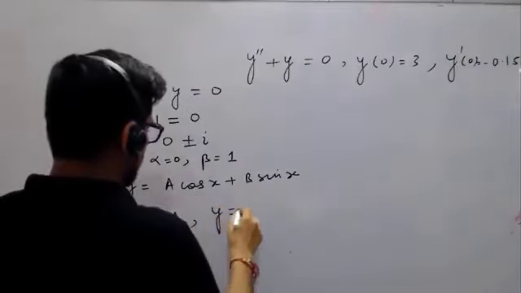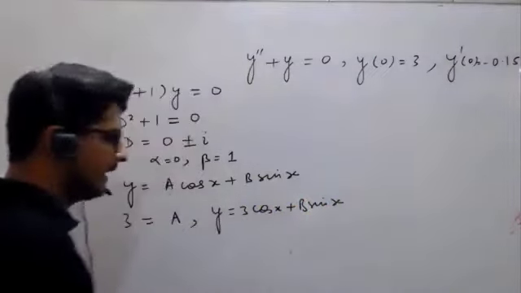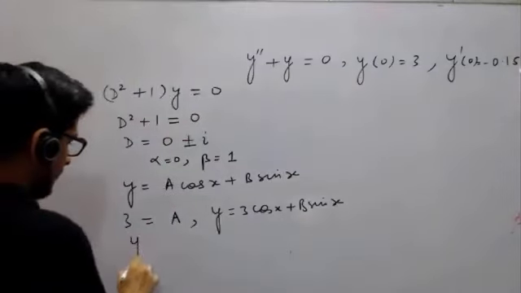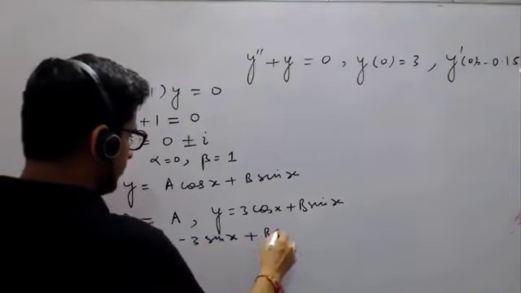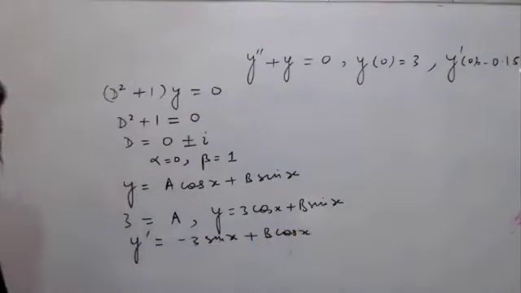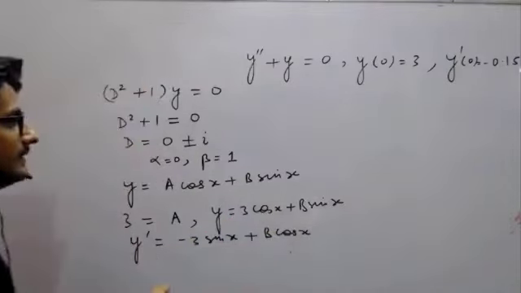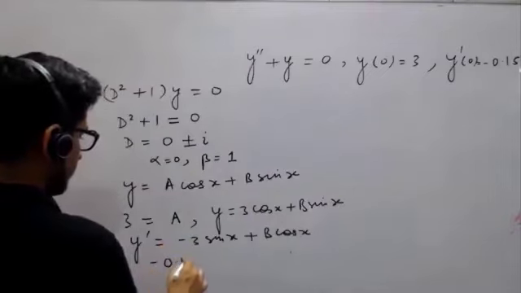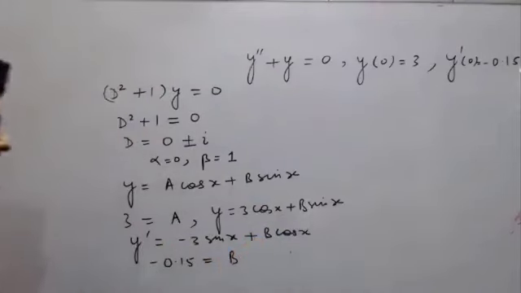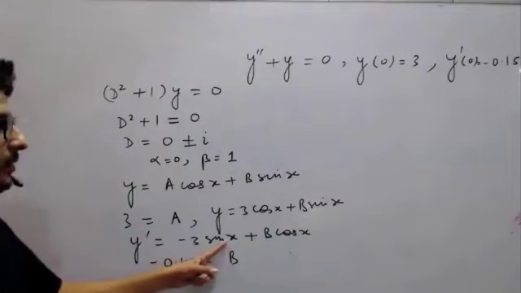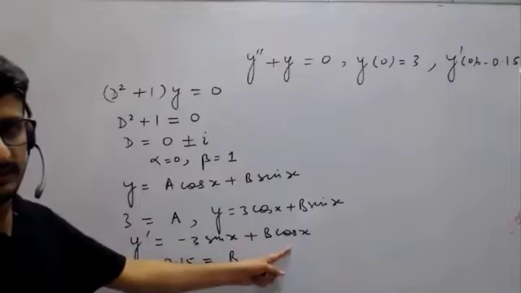Now what is the value of y dash (0)? So now y is equal to 3 cos x plus b sin x. So calculate the derivative first. y dash will be equal to minus 3 sin x plus b cos x. And apply the value. y dash (0) is minus 0.15. So minus 0.15 will be equal to b, because x is equal to 0, sin will become 0, and cos of 0 will become 1.